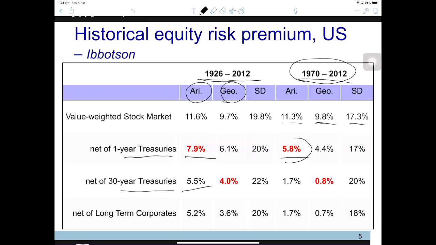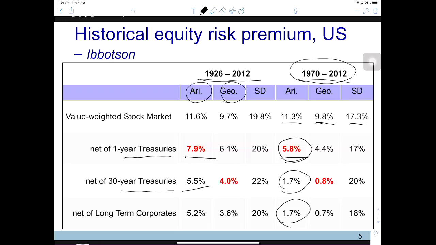So we actually have a historical estimated equity risk premium of about 6% over short-term government bonds and about 2% over long-term government bonds. So there is a lot of difference in the risk-free rate you're going to use when you calculate the equity risk premium.